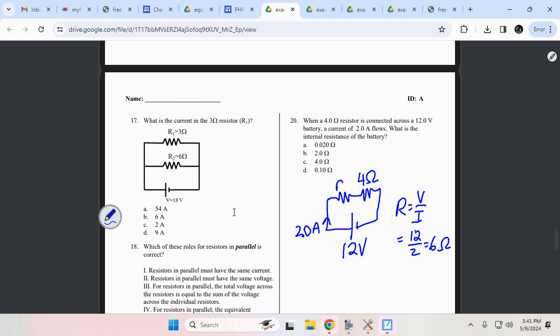There is an equation that we did, delta V equals epsilon minus IR, but I find that it's a lot easier just to think about this one in that way. That I'm getting 2 amps, but I really should be getting 3 amps. So I have some extra resistance in the circuit that is causing that current to be lower than I would expect it to be. Figure out what is that total resistance based on the voltage and the current, 6 ohms, and then the internal resistance is that extra resistance that's in that circuit.